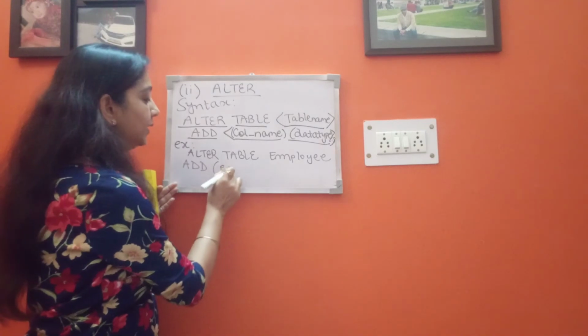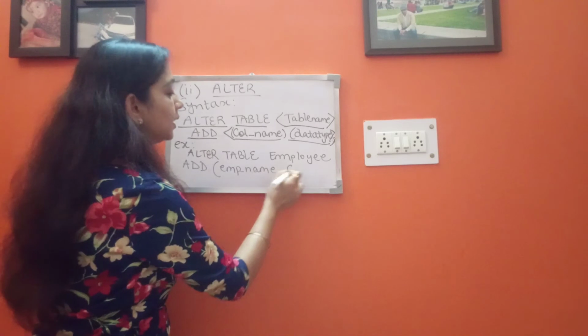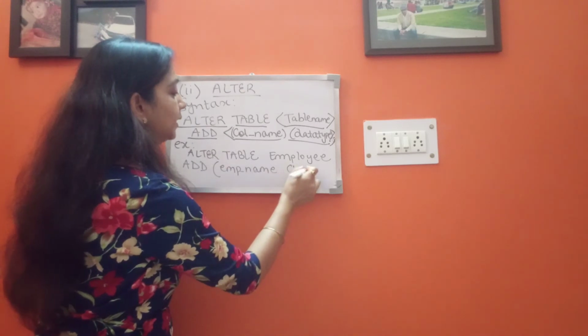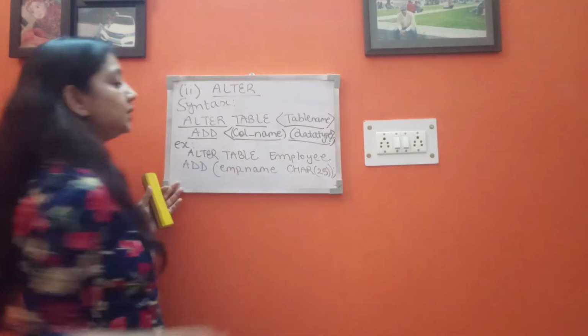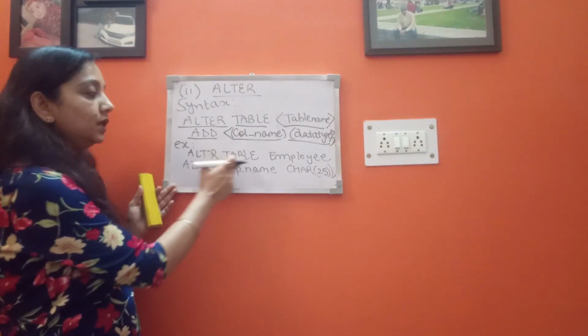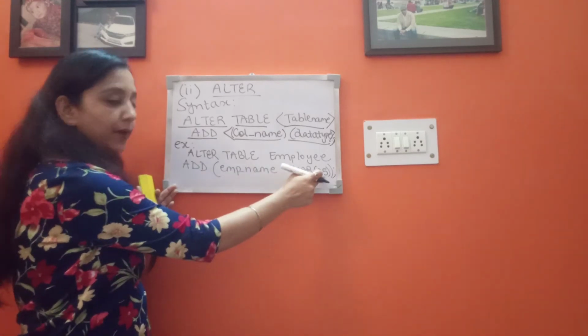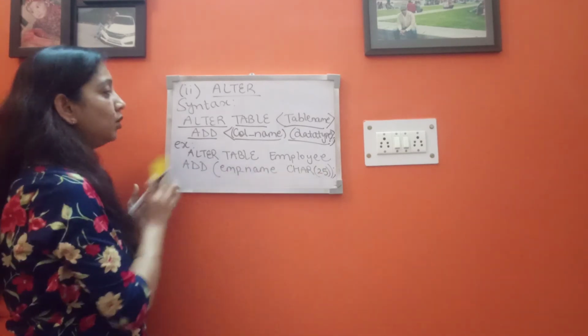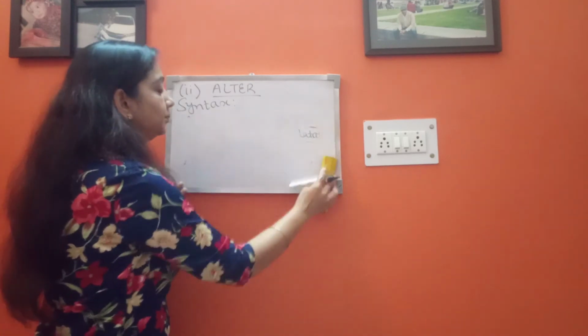I want to add the employee name whose data type is character, and I do not want more than 25 characters. So this is how I will specify: alter table employee, add employee name, data type character, 25 is the maximum limit. So this is one such example of the alter command.